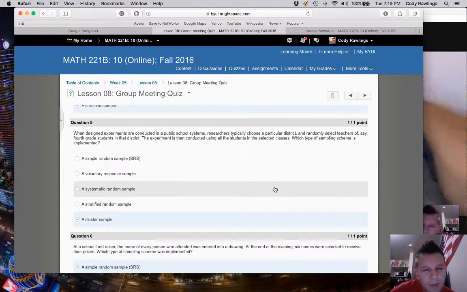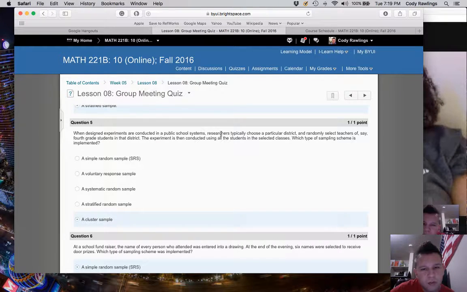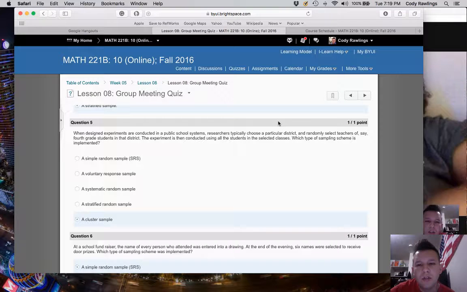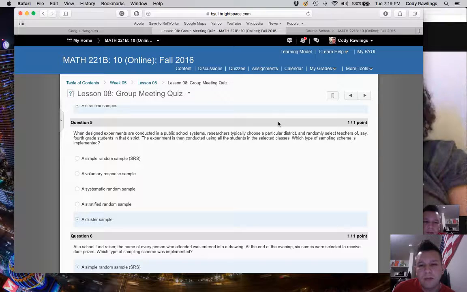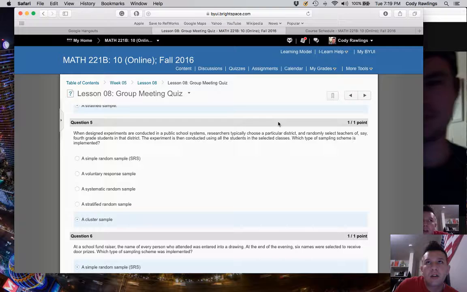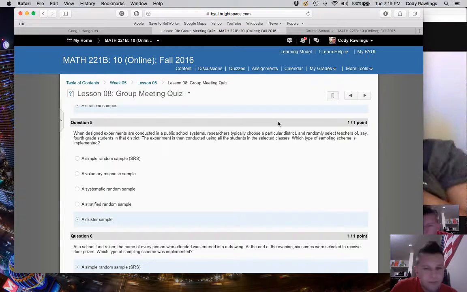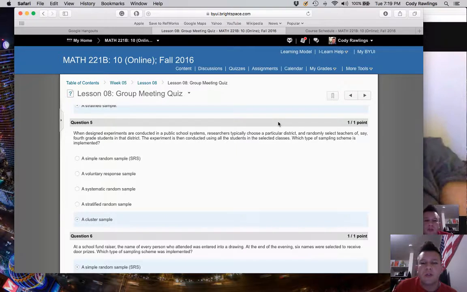So when they say they choose a particular district, and then they randomly select teachers, the groups are considered clusters, and when they randomly choose out of each one, then you know it's a cluster.